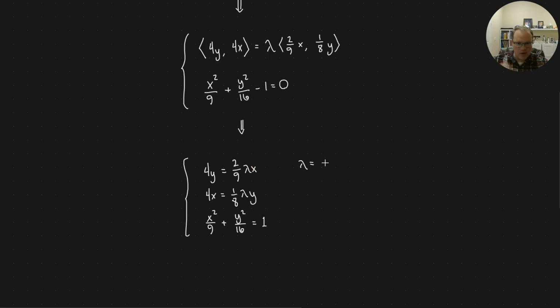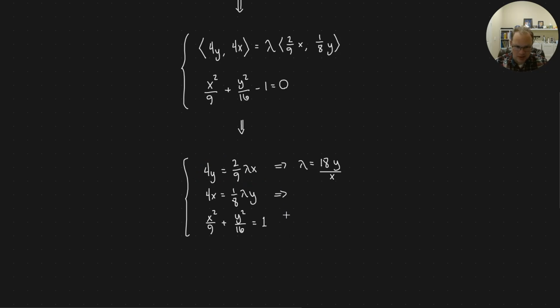If I simplify the coefficient, I'd get 4 times 9/2, which leaves me with 18y in the numerator divided by x. Okay, that's that first equation.